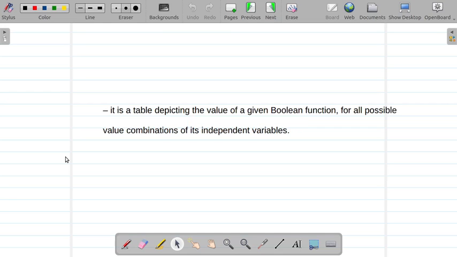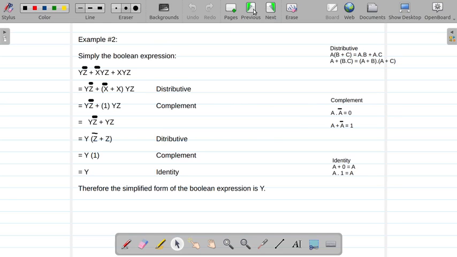By its definition in the book, it is a table depicting the value of a given Boolean function for all possible value combinations of its independent variables. Basically, for example, for the Boolean expression I gave, there is an equivalent truth table. If the inputs x, y, and z are 0, 0, 0, it shows the equivalent output.